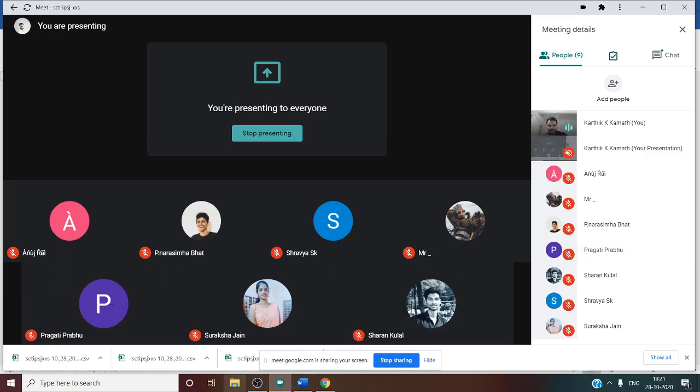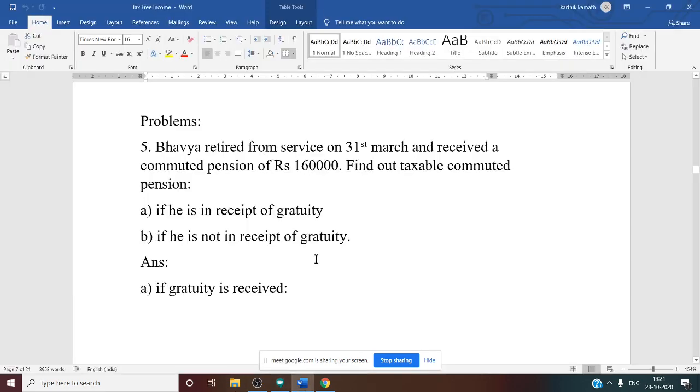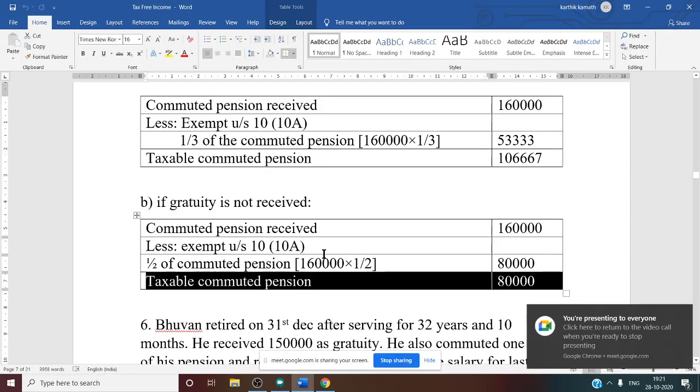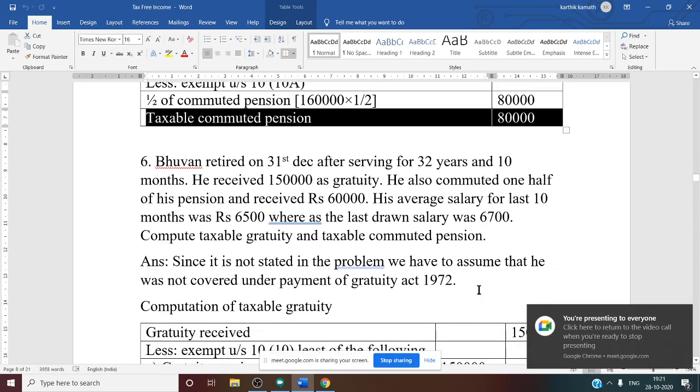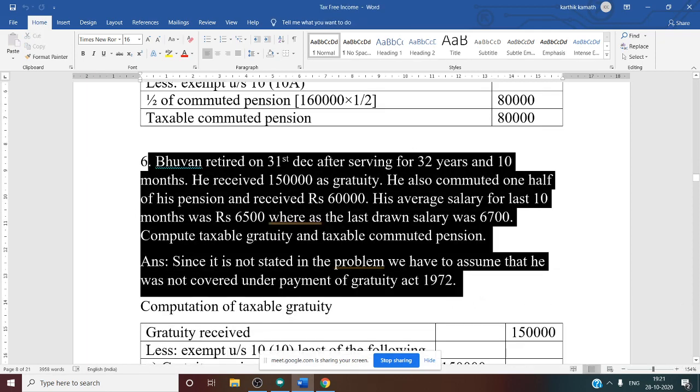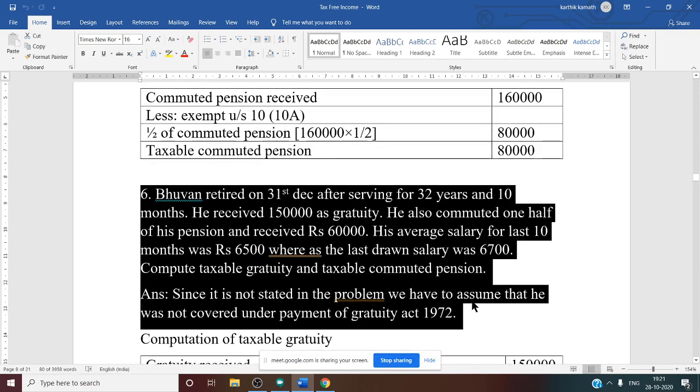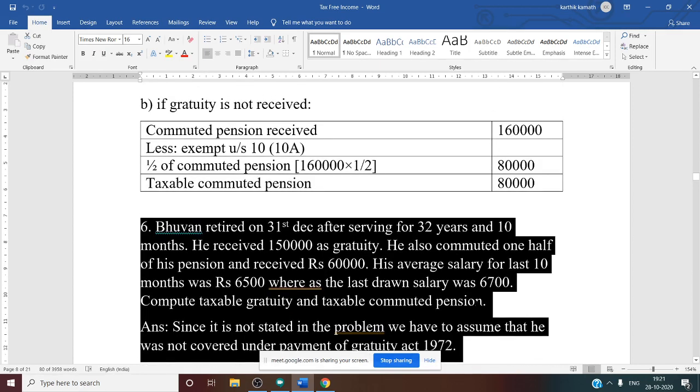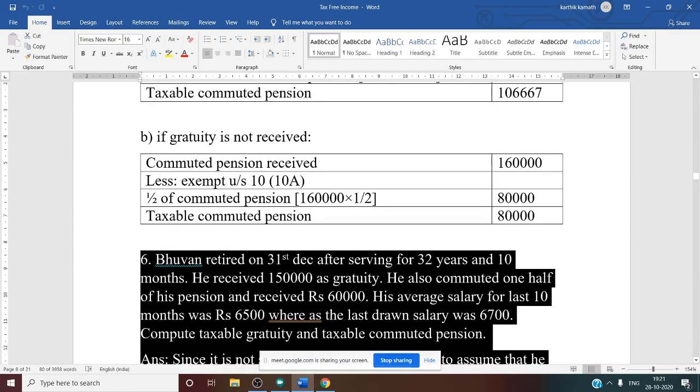So now let us see one more problem. Problem number 6. One retired on 31st December after serving 32 years 10 months. So 31st December retired.